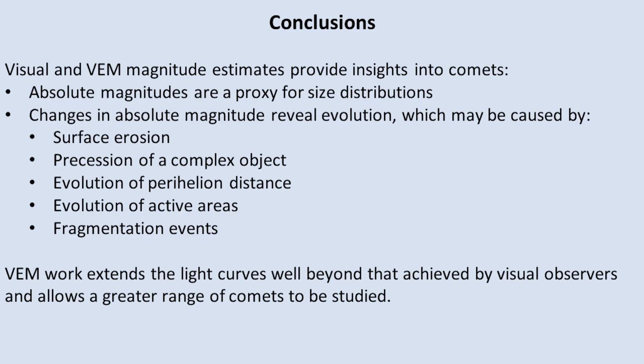And this may be surface erosion, precession, evolution of the perihelion distance, evolution of the active areas, as Richard was saying for comet 29P, there's changes in which areas are active, or indeed fragmentation events, which we know happen in many comets. There may be splittings, there may be large lumps breaking off.